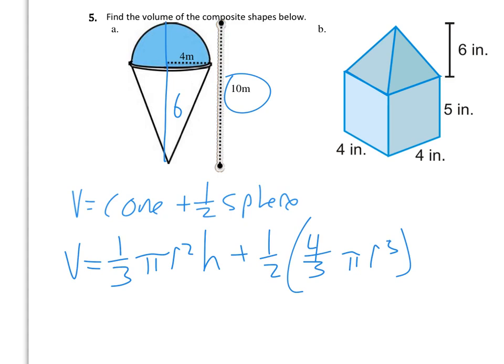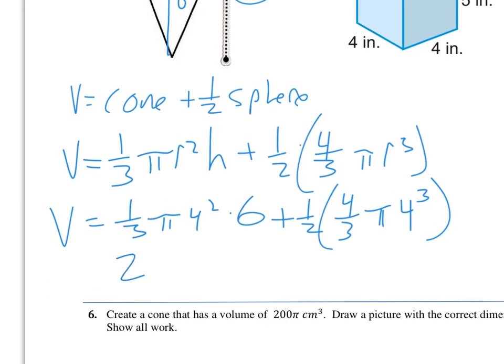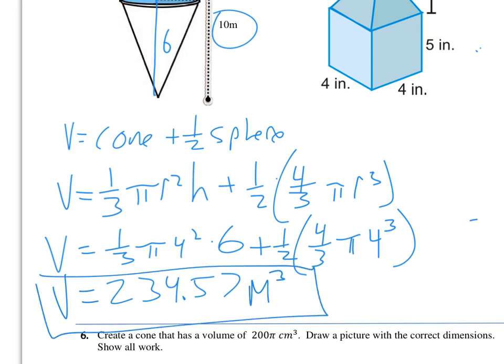Now let's just fill in some numbers. 1/3 pi times 4 squared times 6, and 1/2 times our sphere, 4/3 pi times 4, where 4 is the radius of the sphere, cubed. Now we're just going to punch that into our calculator, and that's going to give us 234.57. The units are meters, so this is cubic meters. Always third power for volume.